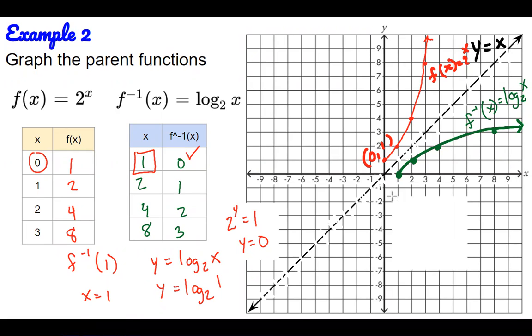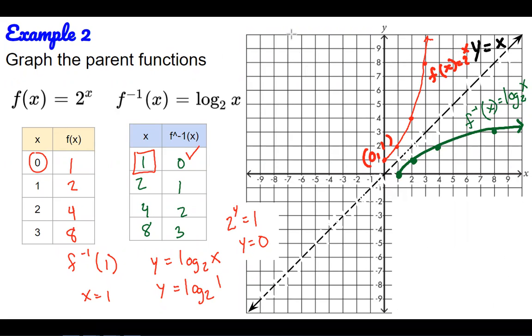So let me make some space over here. Let's try another number. Pick another number from here. 2. Okay, so we want x to equal 2. Therefore, y equals log base 2 of 2. So we have 2 to the power of y equals 2.